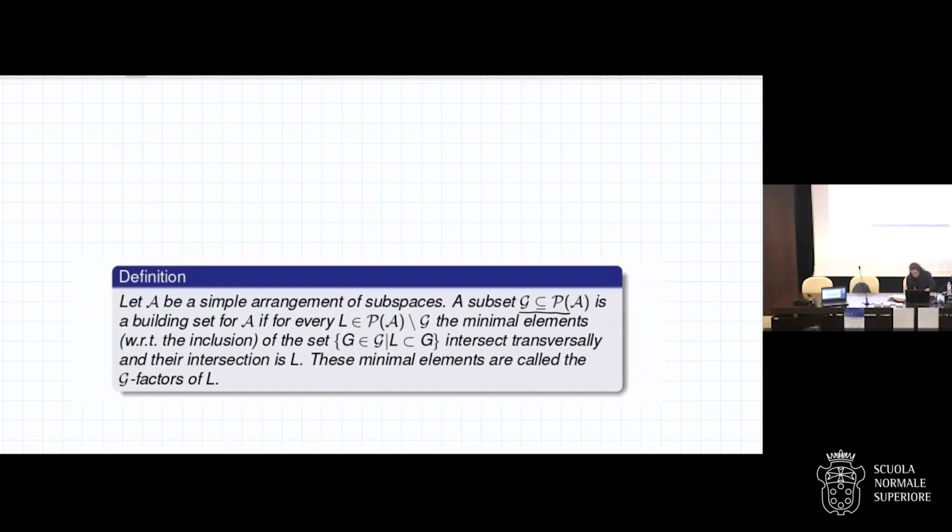It is a subset G in P_A, such that, given an element L, one can define some elements of G that intersect transversally and generate L. So one can find these G-factors for every L appearing here.